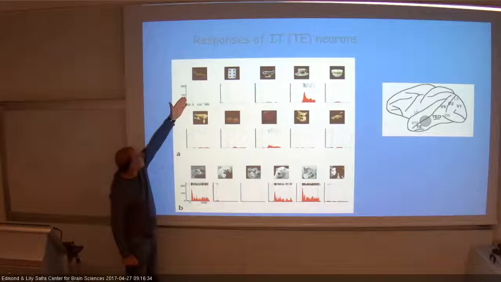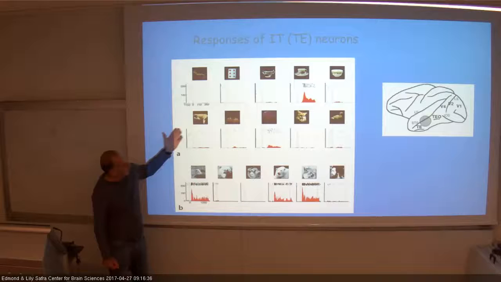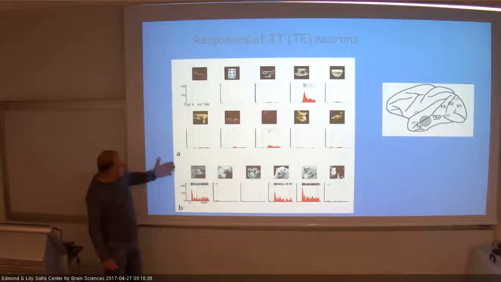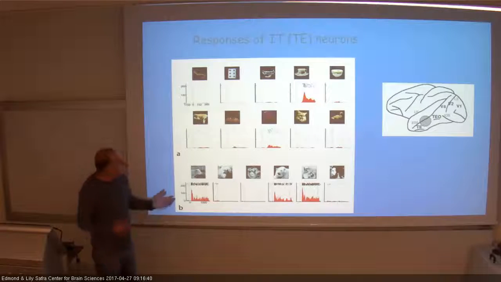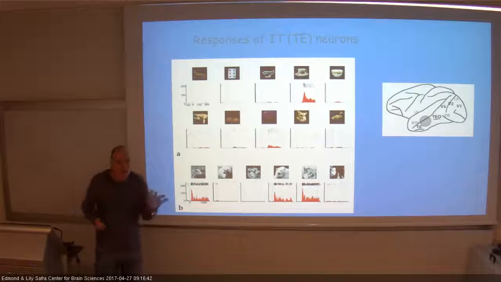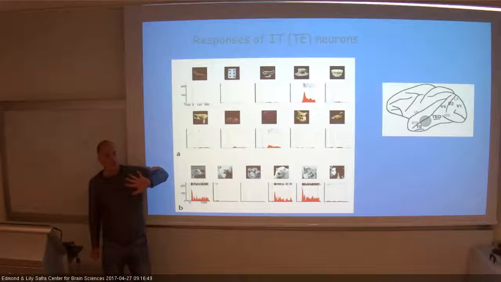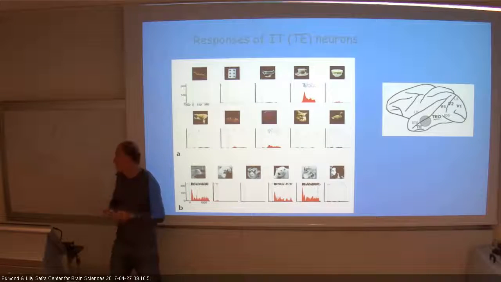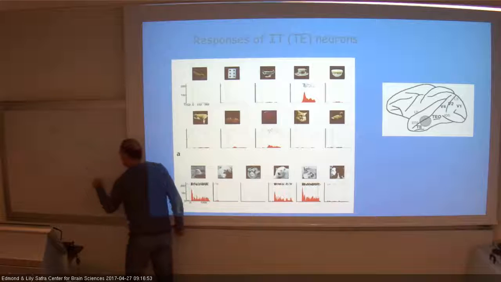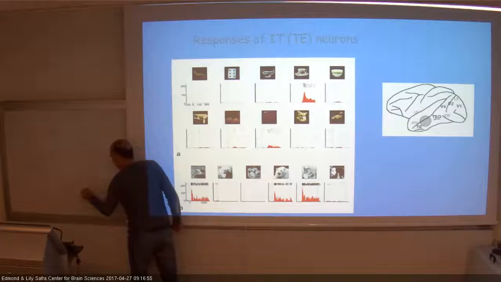a raster showing you the response to different stimuli that they've used. Basically, what I want to make clear is that there's no clear tuning. If we were talking about MT neurons, the neurons sensitive to directional motion, as you changed the direction of motion you got a nice tuning curve as a function of the direction of motion.